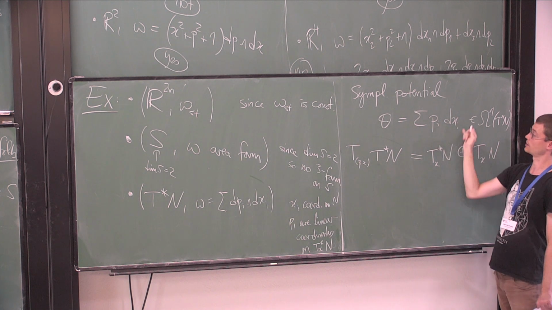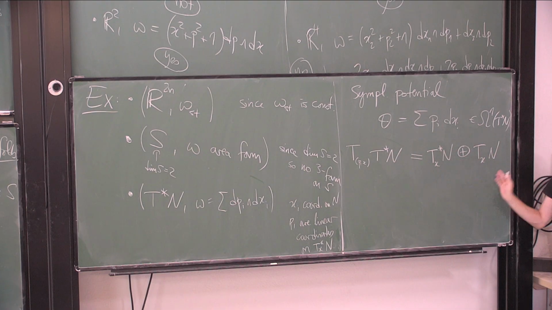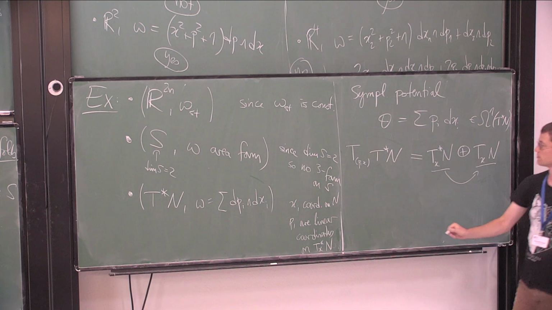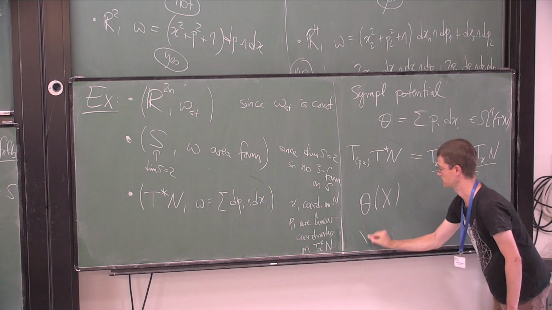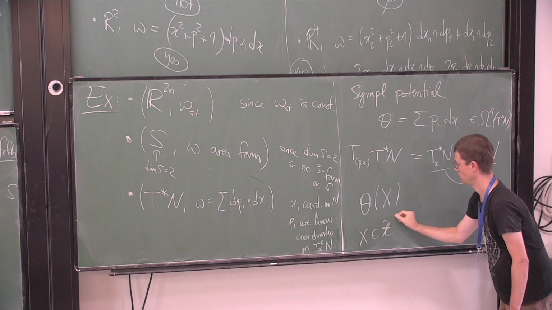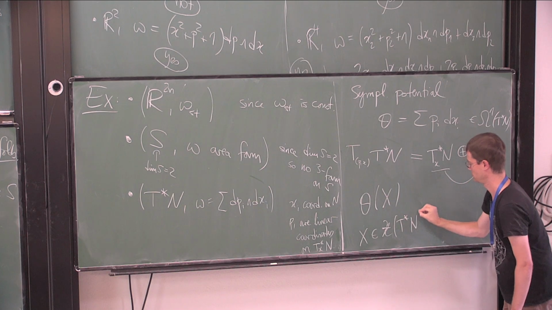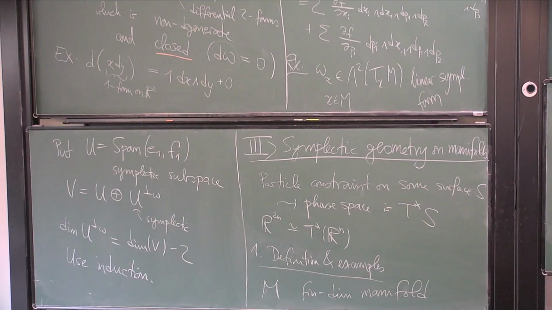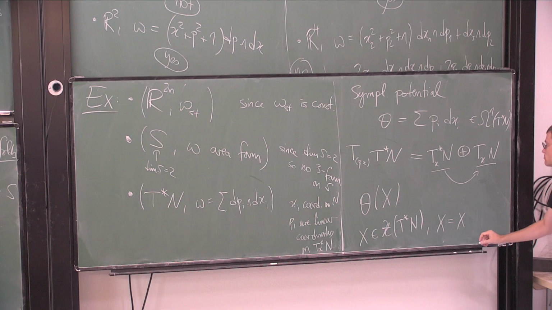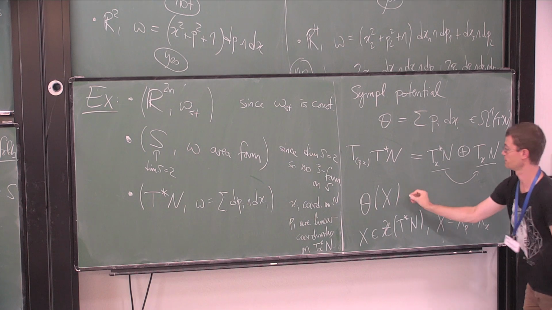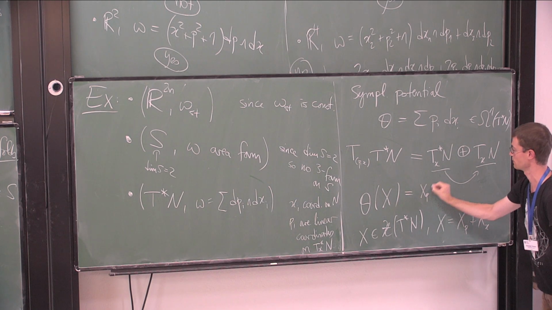What this formula tells you is that in order to produce a function out of this vector field, you just take this linear function and apply it to this vector. So theta of X, where X is now a vector field on T star n, point by point an element of the space. You can decompose X into X_p plus X_x, and then theta of X is just applying X_p, which is a linear functional, to X_x.